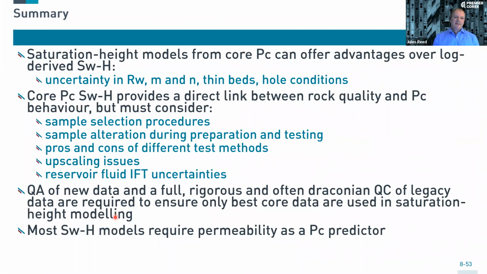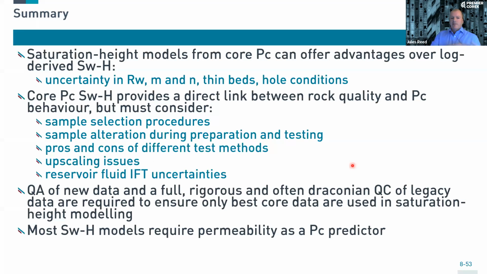So in summary, saturation height models from core PC can offer advantages over log-derived saturations, because of uncertainties in the log offsets. Core PC provides a direct link between our rock quality and the capillary pressure behavior.